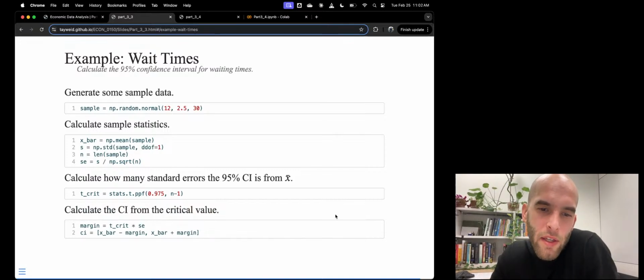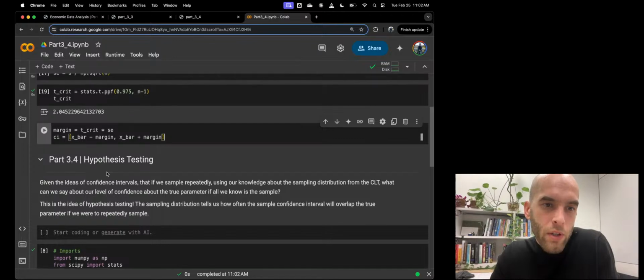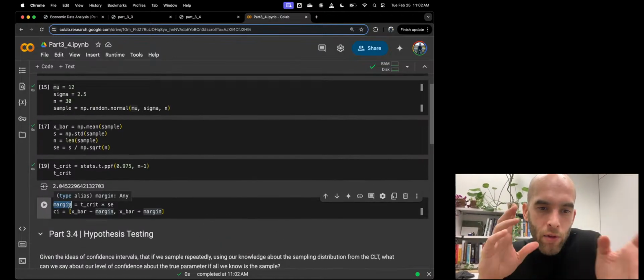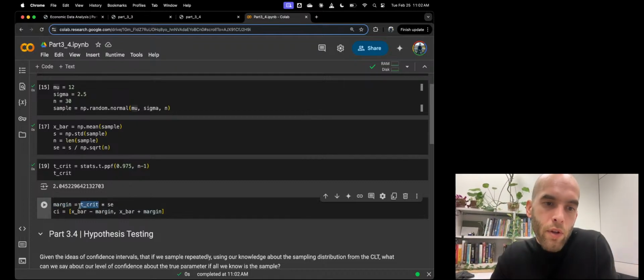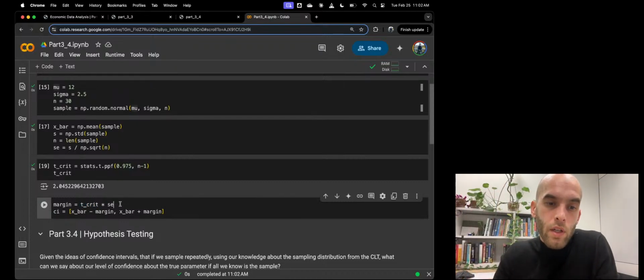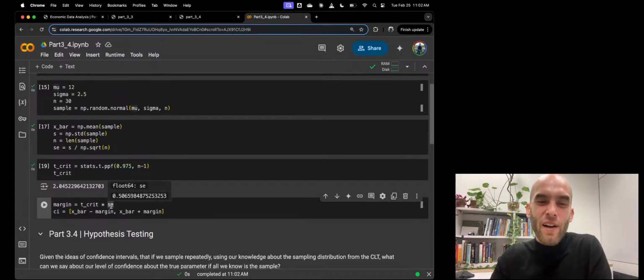We can also calculate the confidence intervals from this critical value. So the last thing we'll do here is actually just calculate the confidence intervals. So we have this margin on either side of X bar. We have the number of standard errors, how far away from X bar our critical region is, and then we multiply it by the standard error.